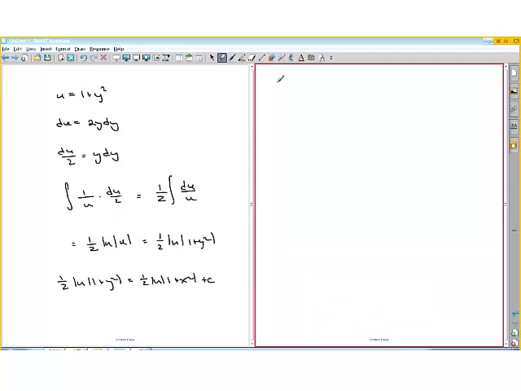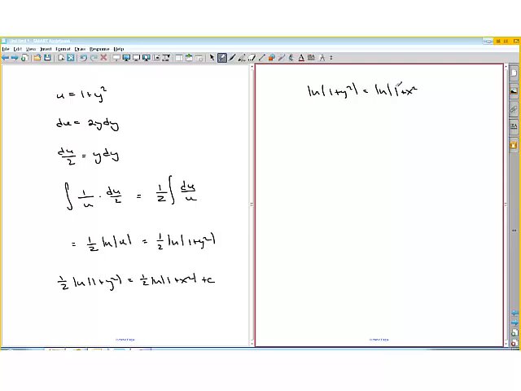We haven't solved explicitly for y. But we can get rid of the 1/2 because if we multiply each term by 2, the arbitrary constant will become 2c, but it doesn't really matter what we call it.